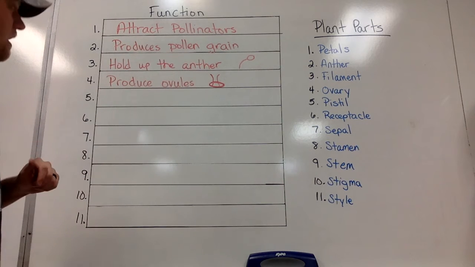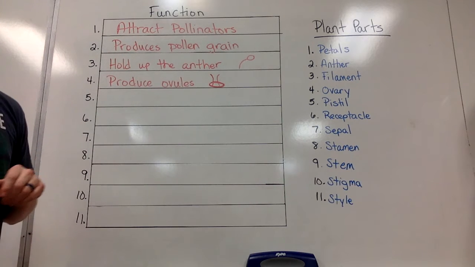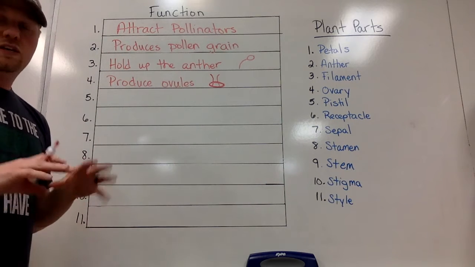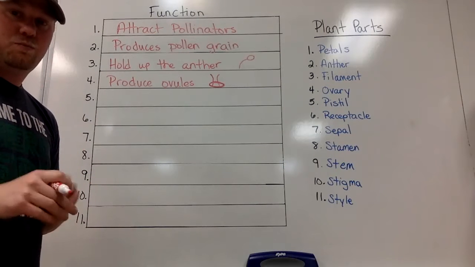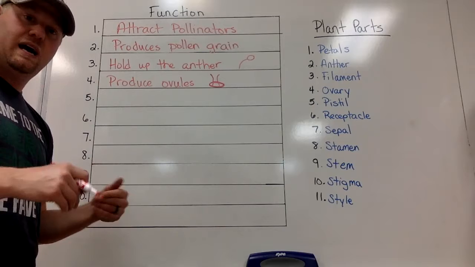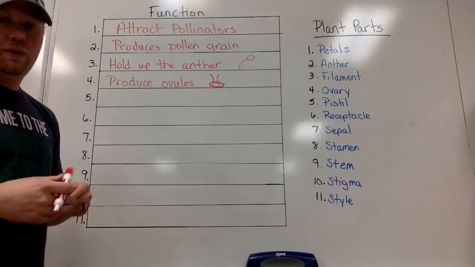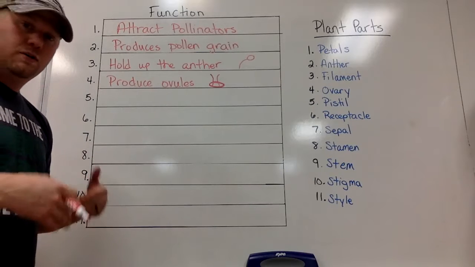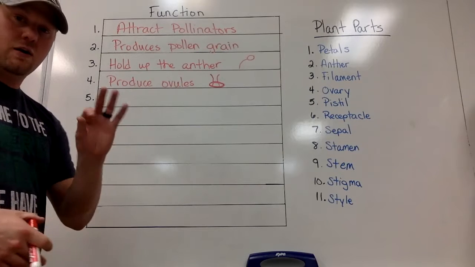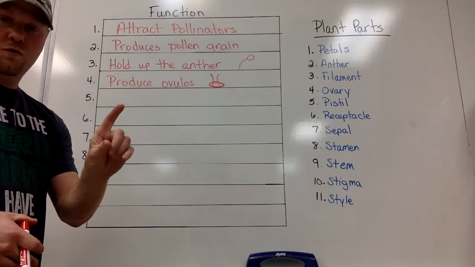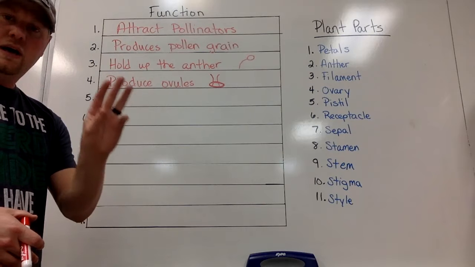All right, moving on. Number 5 is called the pistil. Now, guys, this is a term. It's not the pistol like pew pew type pistol. Okay, that's P-I-S-T-O-L. This is P-I-S-T-I-L. The pistil is actually all of the parts that make up the female reproductive part of a flower, and there are 3 parts that do that: the ovary, the stigma, and the style.